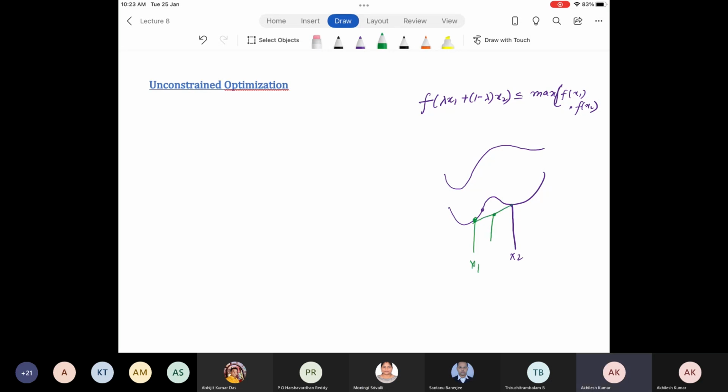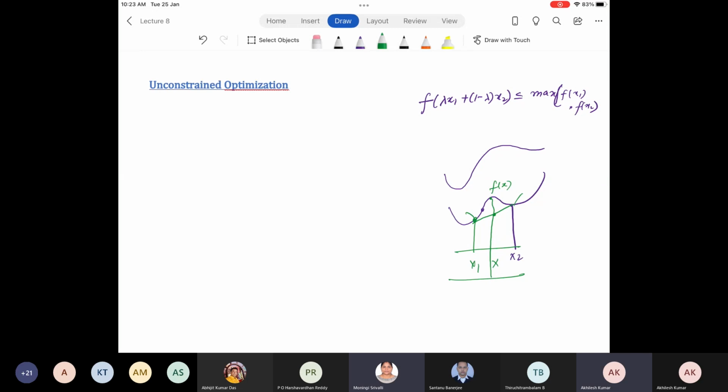Their convex combination lies here. Let's call it x. Is that fine? Yes, sir. Now if this f of x is greater than the maximum of f(x1) and f(x2), then it is not a quasi-convex function. For it to be a quasi-convex function, this inequality should hold. That's the definition, right?